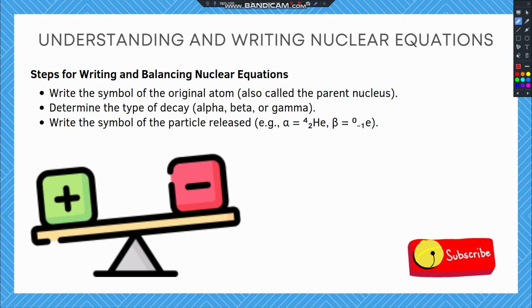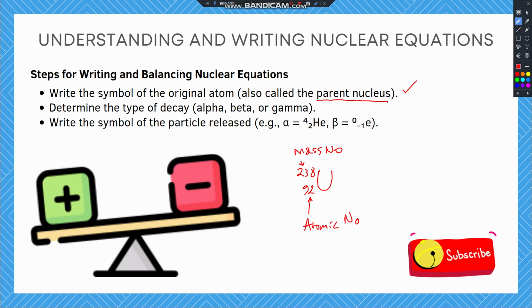So first things first is to write the symbol of the original atom. The original atom is called the parent nucleus. So for instance, let's say you're dealing with uranium. Uranium is written like this: 238 and 92. This over here signifies the mass number, and this over here signifies the atomic number.